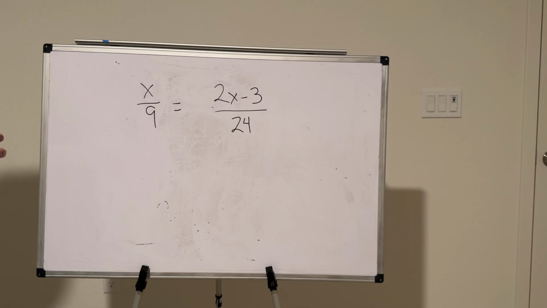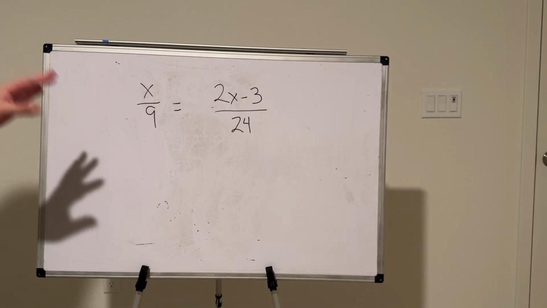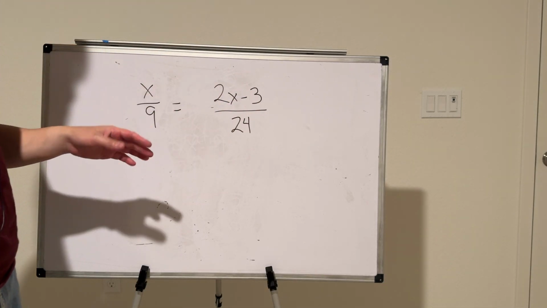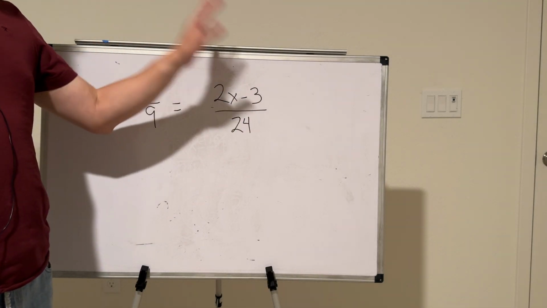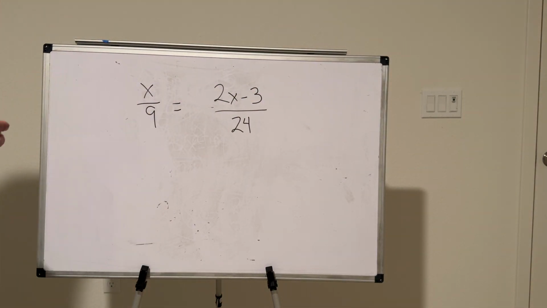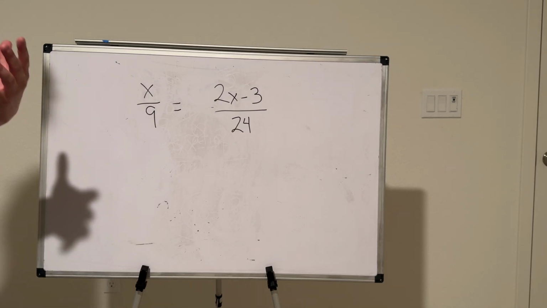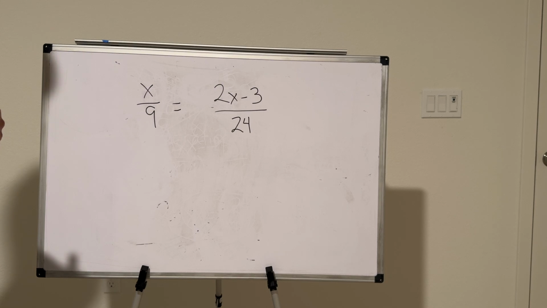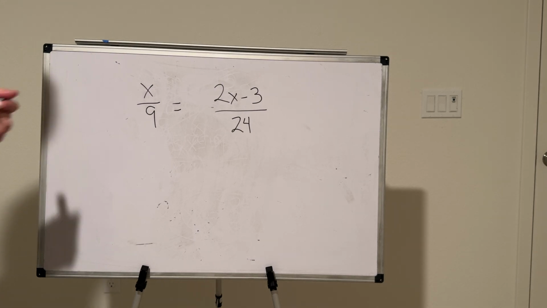So unlike the last problem, in the last problem we also had a binomial, but in this problem, not only do we have an x on one side of the equation, we also have an x on the other side of the equation. So the steps are still the same. There's just a little bit more algebraic work to do to arrive at a final value for x.